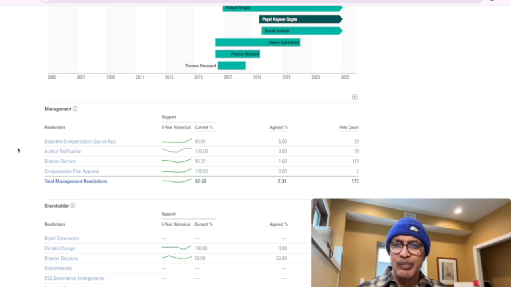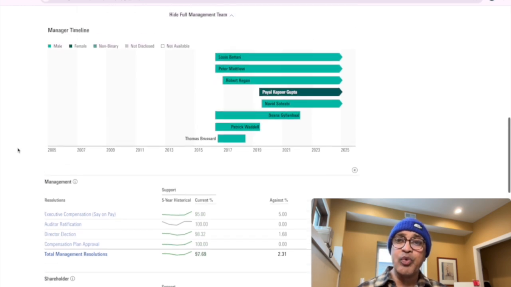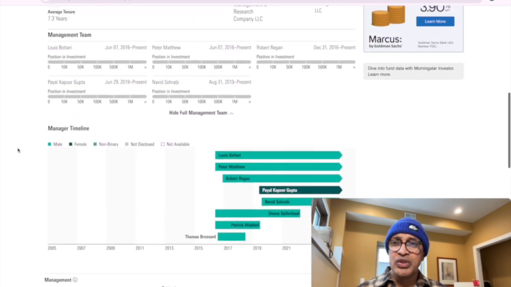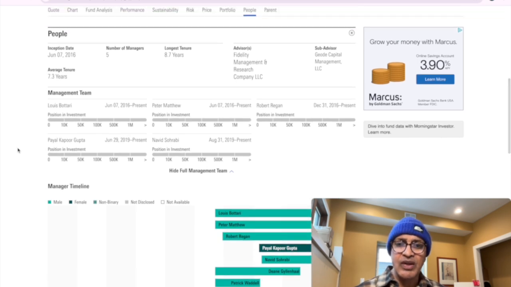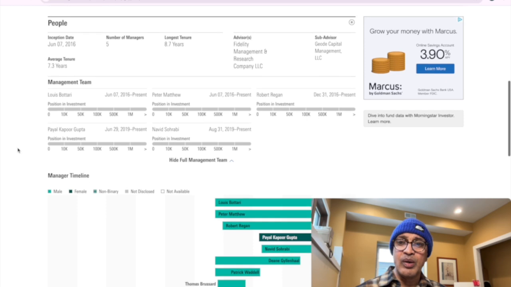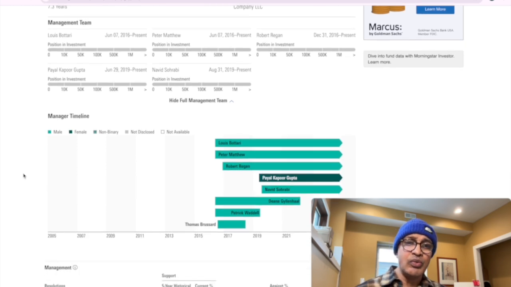If you look at the past, you can see the 7-year tenure. They have a proven track record that shows how well they have done. If it's a revolving door, you have no proven track record, and you don't know why these fund managers are leaving. If the fund company is a terrible company, that's a problem too.